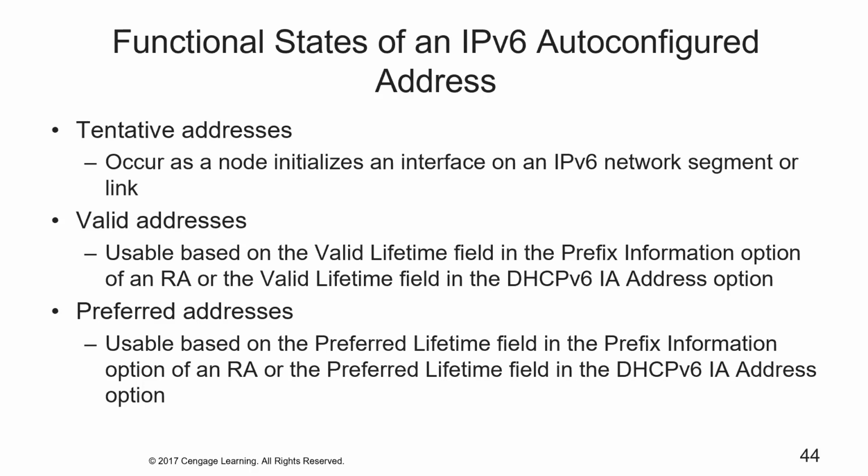Valid addresses are usable based on the valid lifetime field in the prefix information option of an RA, or the valid lifetime field in the DHCPv6 IA address option. Preferred addresses are usable based on the preferred lifetime field in the prefix information option of an RA, or the preferred lifetime field in the DHCPv6 IA address option.